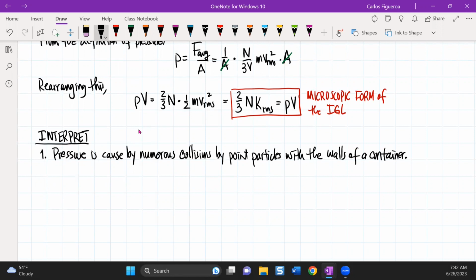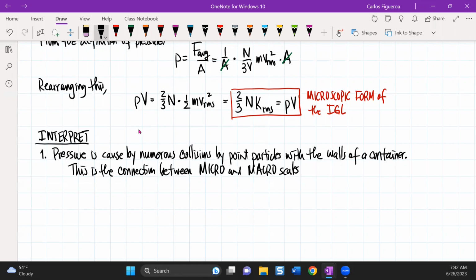Note, this is the connection between micro and macro scales.